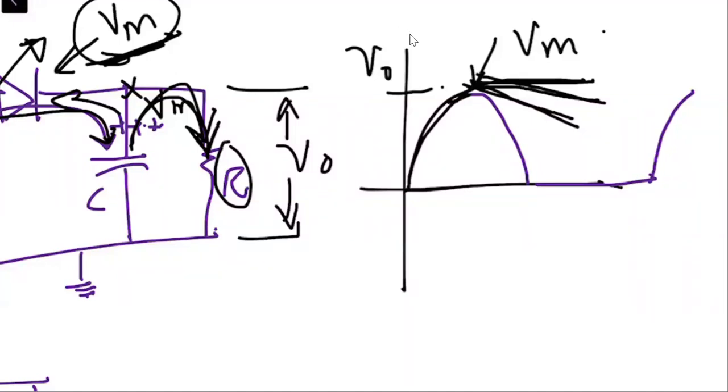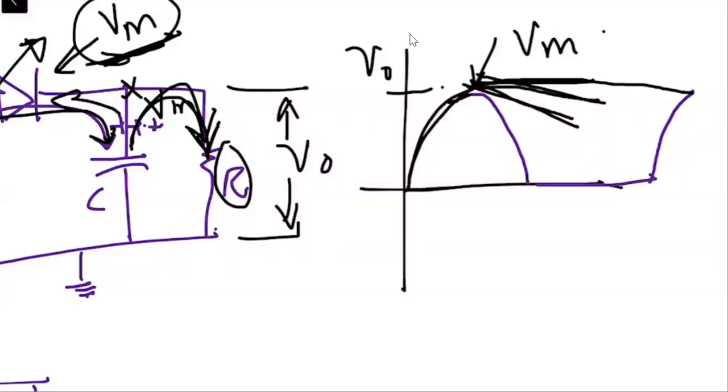So depending upon the value of R, the output is dependent upon that. If the value of R is very high, the slope will be something very close to R. Again, when the negative cycle comes, the output remains over here like this.